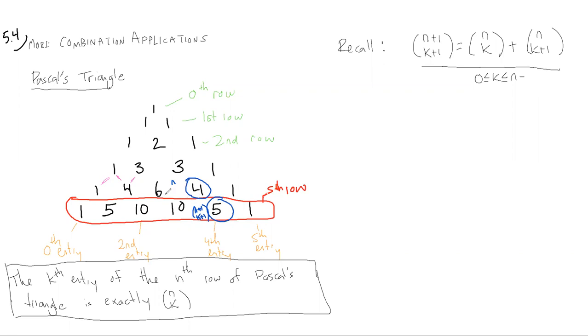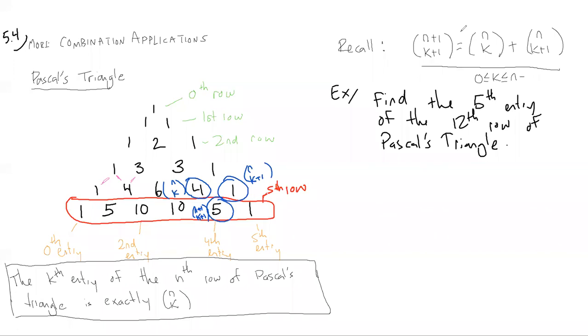And if you look, it's 1 less across, so that's going to be n, k there. And then this 1 here is going to be my n and k plus 1. Those two things are always going to add together to give us the next one. Basically that allows us to keep generating and show that all of these numbers are going to follow this pattern. So hopefully you'll believe it because of that.